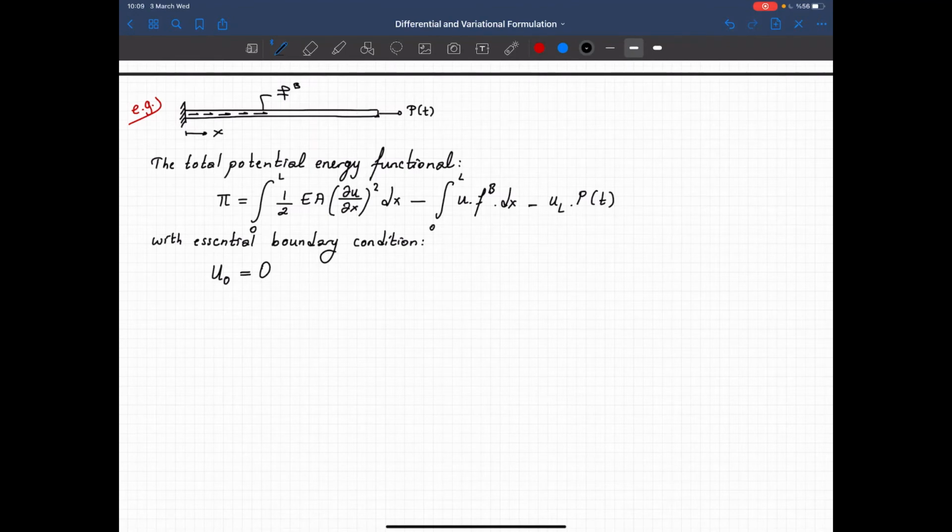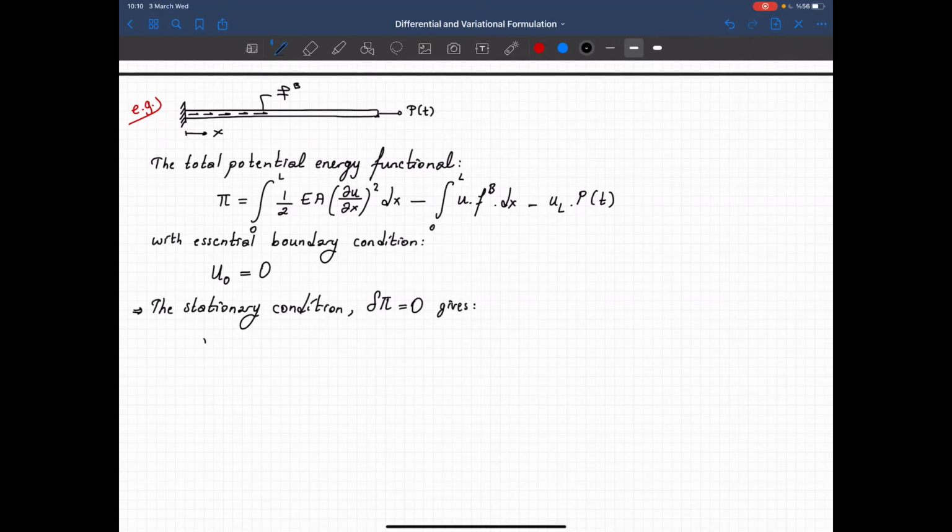Now let's consider the stationary condition, which tells me that the first variation in the total potential energy must be equal to 0. And this will give me the following.